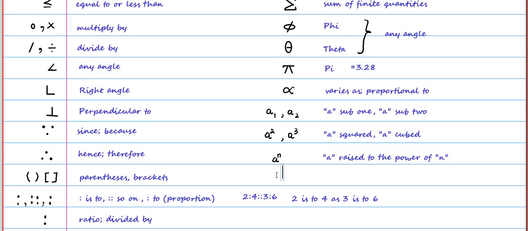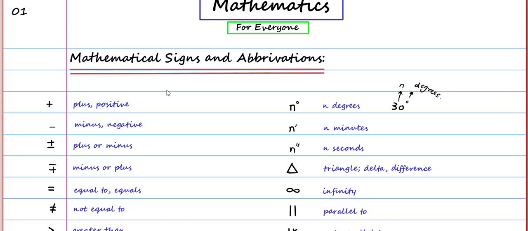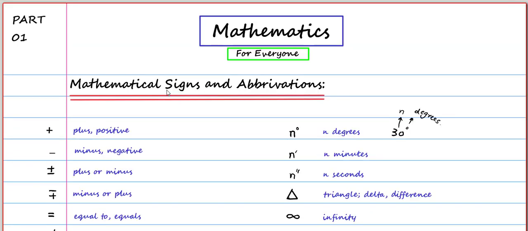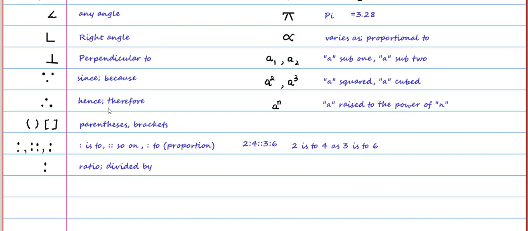So these were some important mathematical signs and their abbreviations. Got it? I think that's enough. And one more thing we need to mention here about the ratio. This means ratio or divided by. Let's take an example like 2:4.